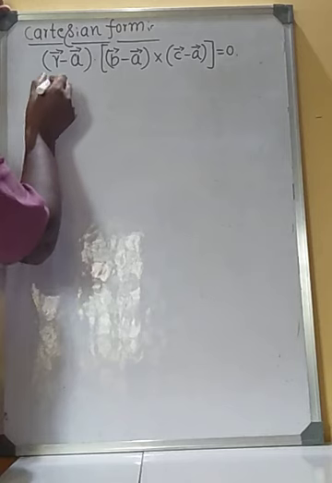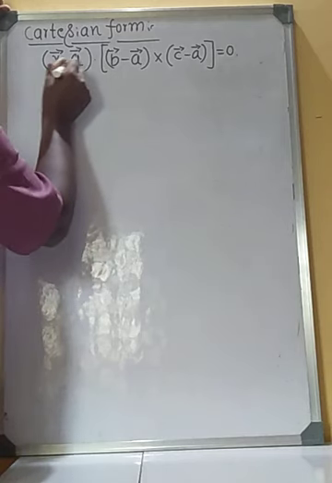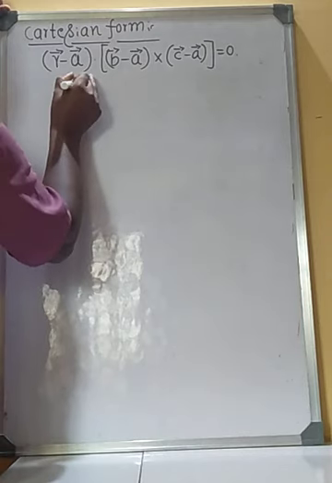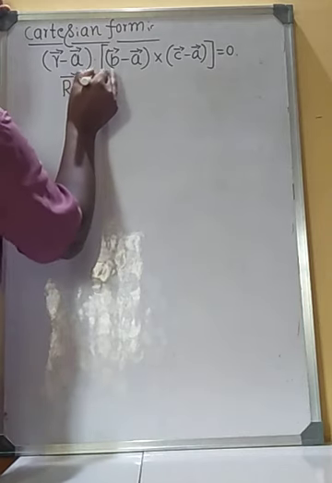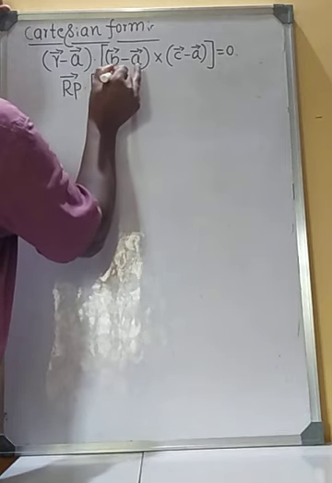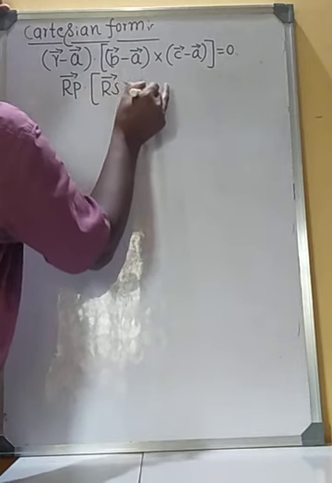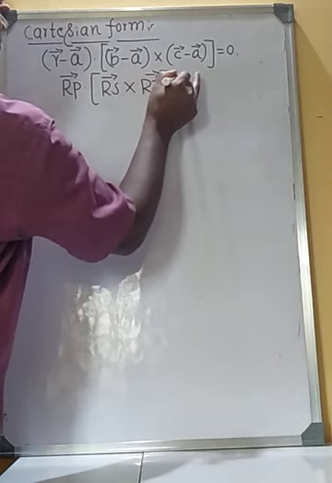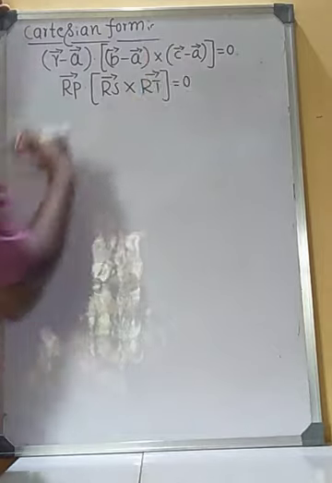So therefore r minus a can be written as RP vector dot RS vector cross RT vector is equal to 0.